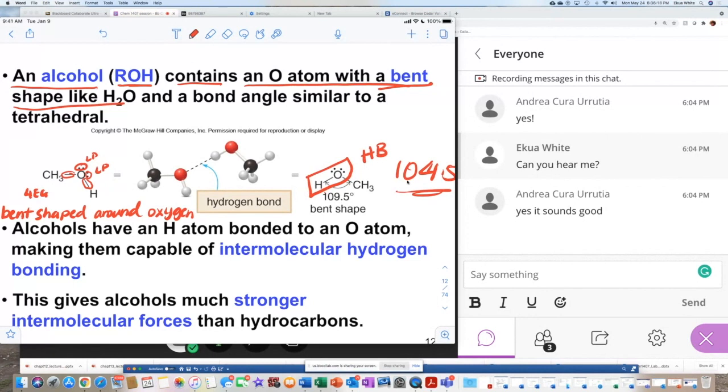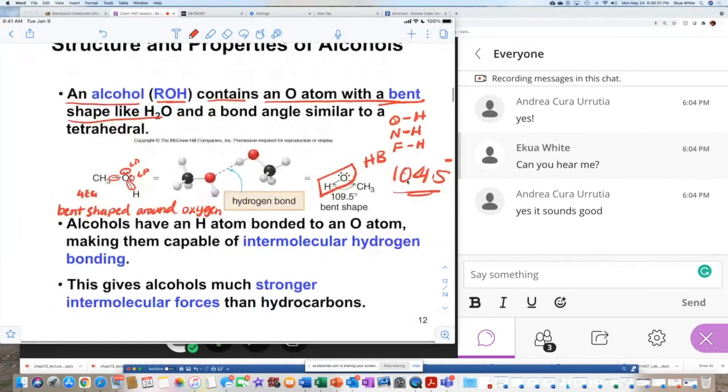For a hydrogen bond to occur, you need the existence of three bonds: O directly attached to H, N attached to H, or F attached to H. Any one of these three scenarios will make it possible for the molecule to hydrogen bond. So we're reviewing what we covered before, right?